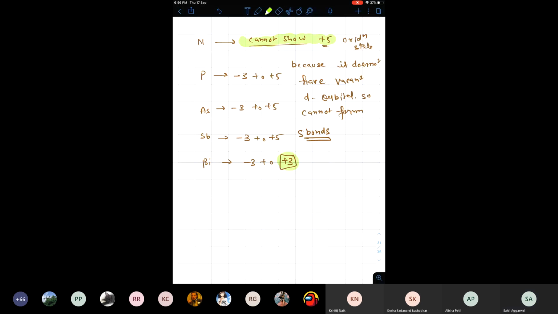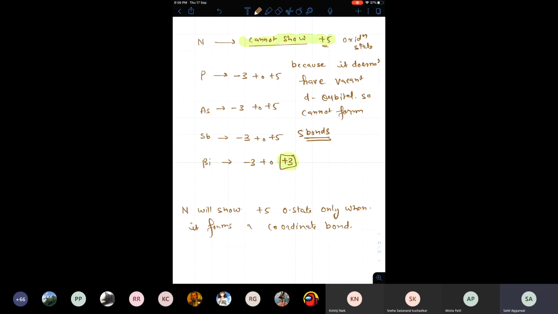Nitrogen will show +5 oxidation state only when it forms a coordinate bond, because a coordinate bond gives +2 oxidation state to nitrogen.